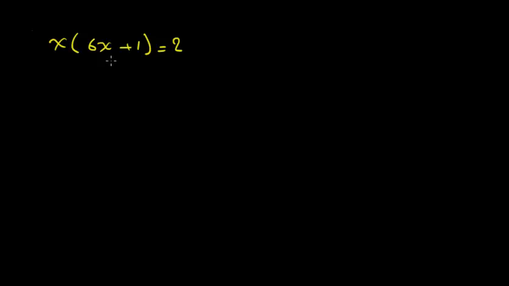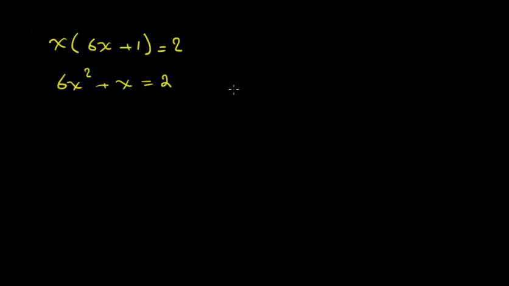So the first thing we do is to simplify this equation. We have x times 6x plus 1. x times 6x is 6x squared. x times 1 is x, and equals 2.